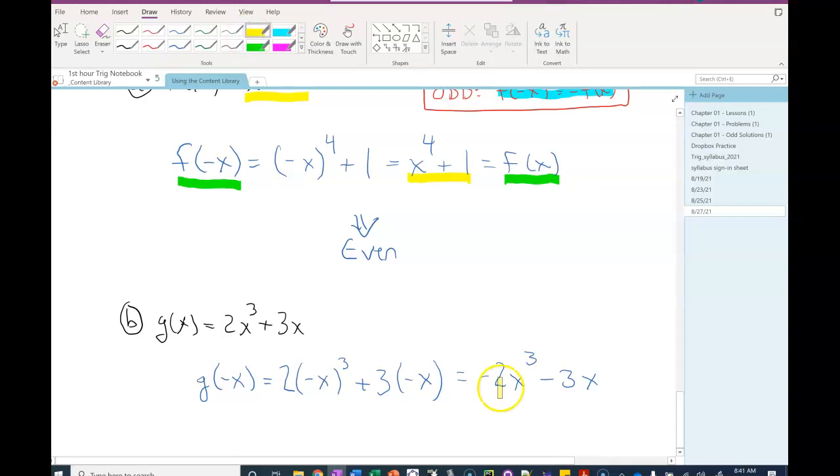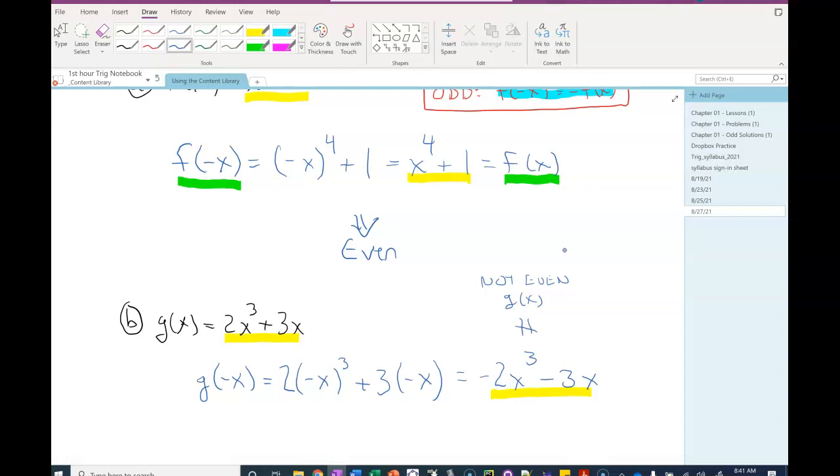Worth pointing out that this and this are not the same. So I know that it's not even. How are they different? The signs are different, right?